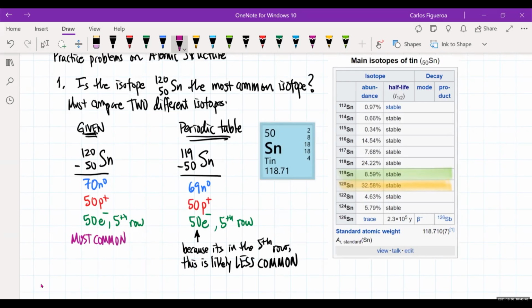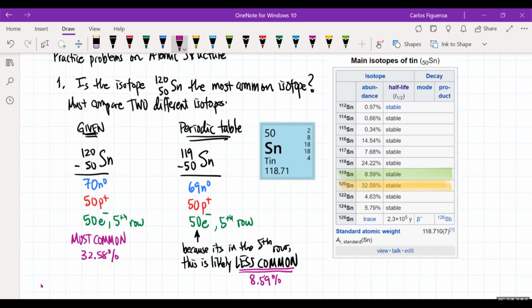At what percentage? The most common is at 32.58%. This guy is less common, at 8.59%. So that's what you got to do.